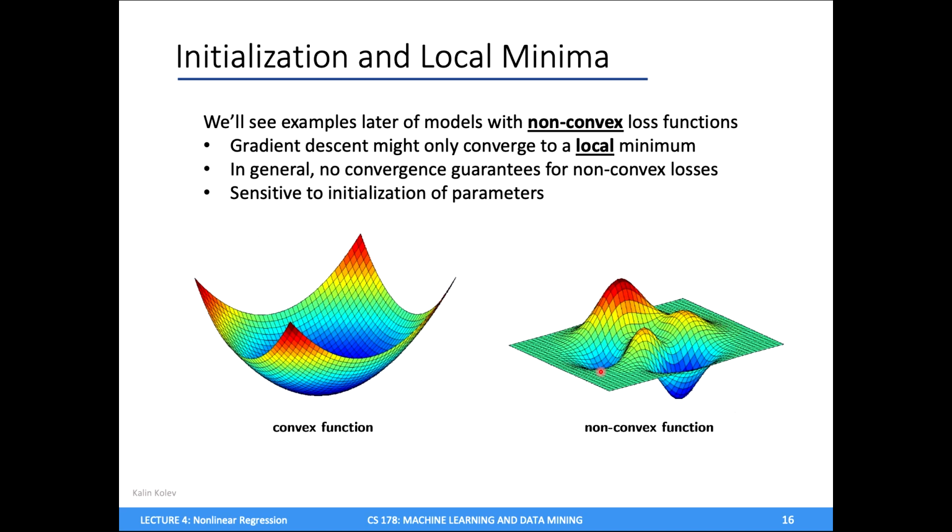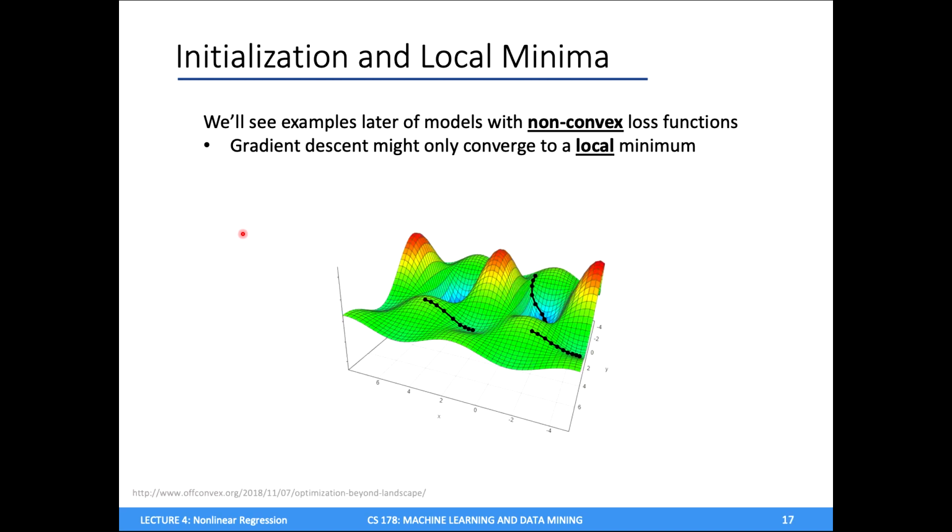Gradient descent can actually get stuck in these local minima, and in general, you have no guarantee that if you run gradient descent on a non-convex loss function, it'll actually converge to the global minimizer. And again, which minimum it converges to is very sensitive to the initialization of the parameters.